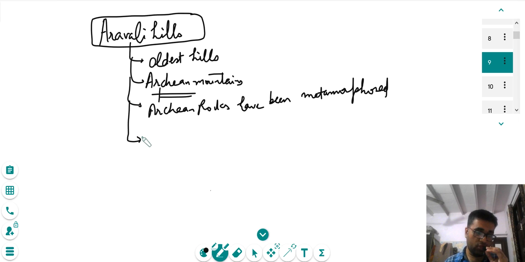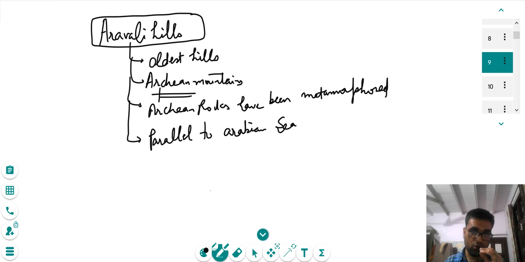Another feature you can mention about the Aravallis is that the Aravallis are parallel to the Arabian Sea branch of monsoons, right?